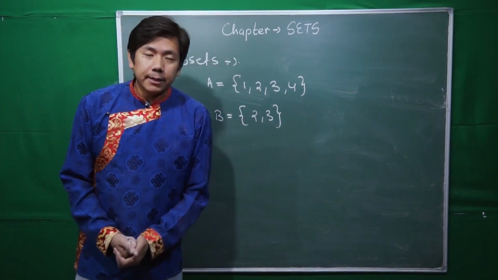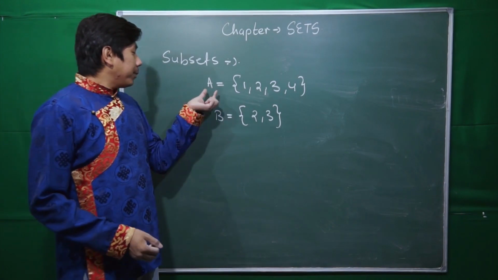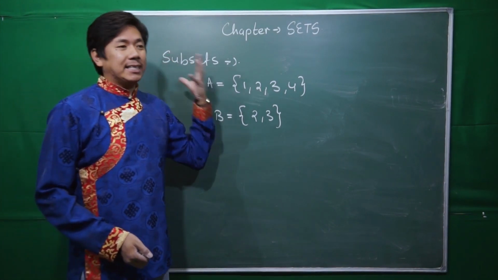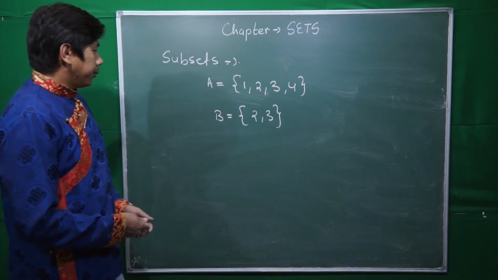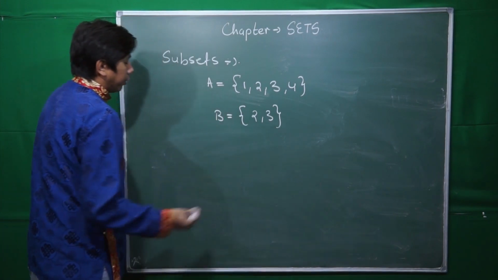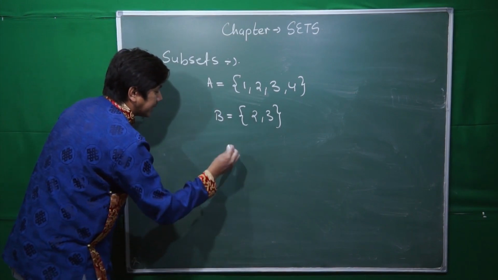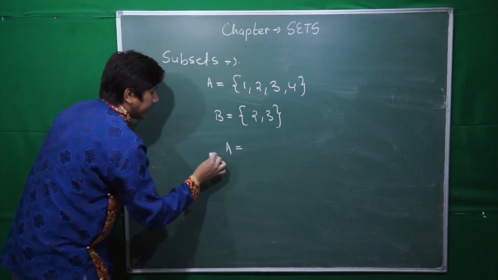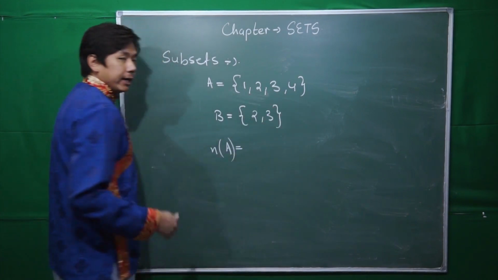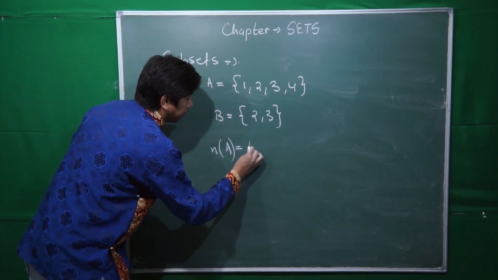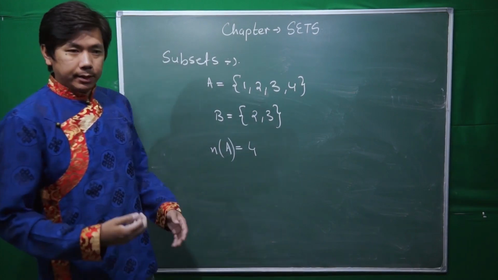Now that being said, how many subsets can a set possess? To understand this, we need to know cardinal numbers. We already did that. So in set A, the cardinal number is how much? It is 1, 2, 3, 4. It has 4 elements. Therefore, the cardinal number of set A is 4. Clear?